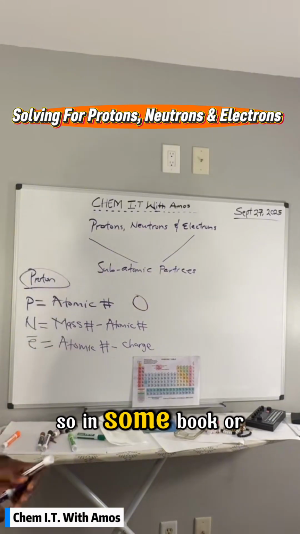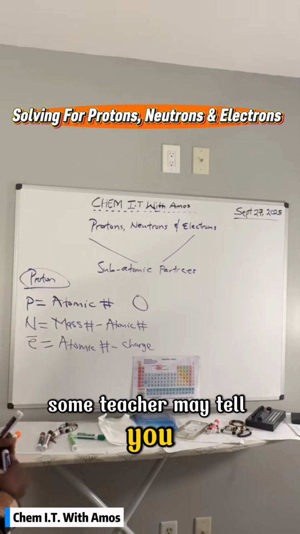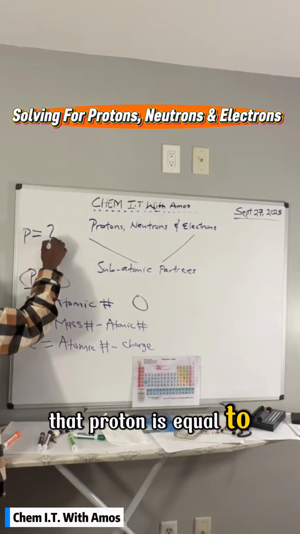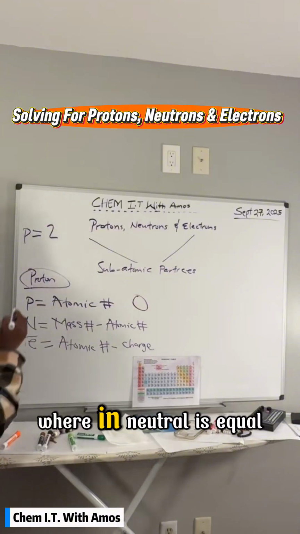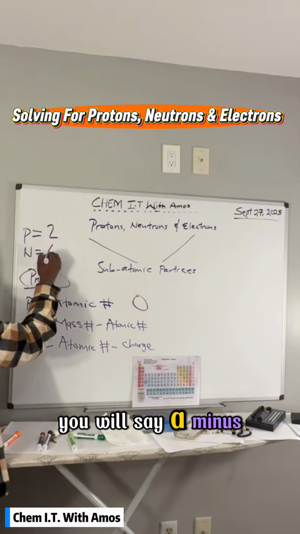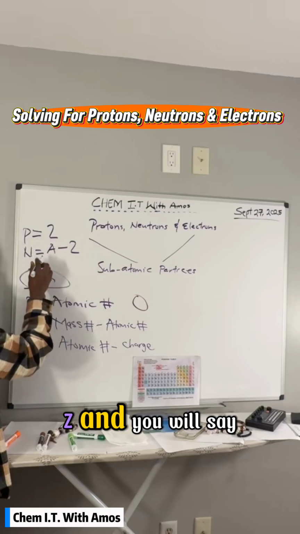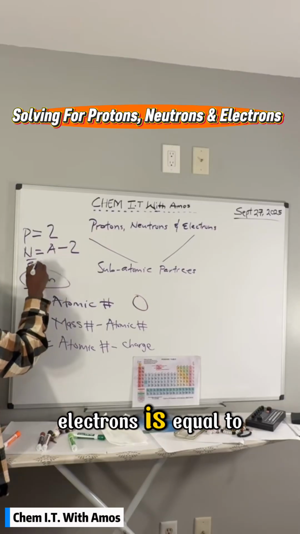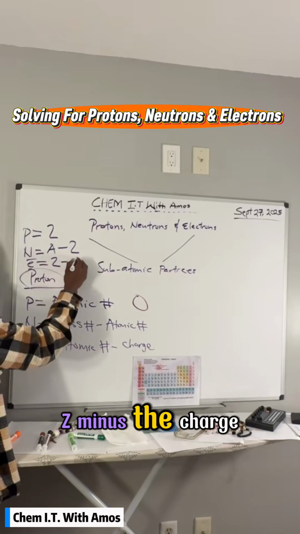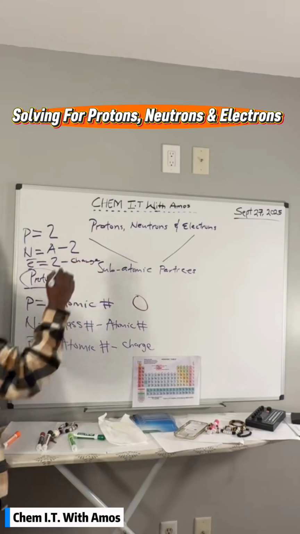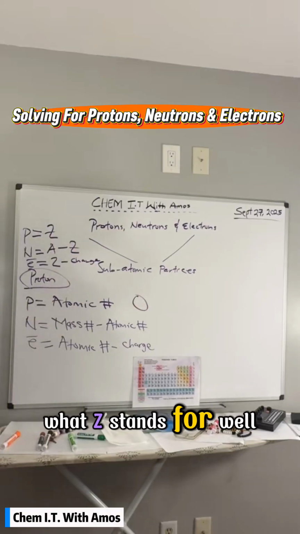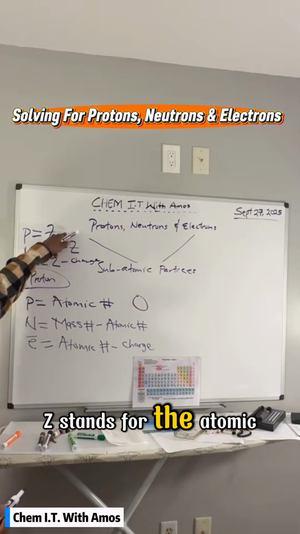In some books, or some teachers may tell you that proton is equal to Z, neutron is equal to A minus Z, and electrons is equal to Z minus the charge. So what does Z stand for? Z stands for the atomic number.